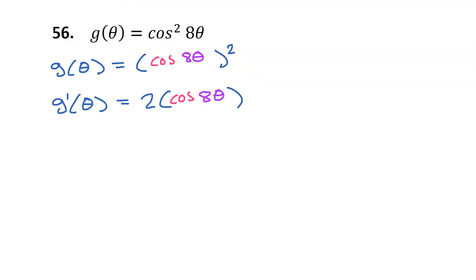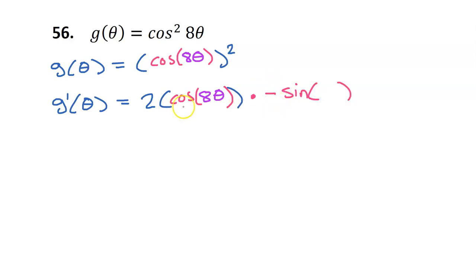But then we multiply by the derivative of what's on the inside. So the next layer in will be the cosine. Maybe I'll put some extra parentheses in here to make it clear what's inside of what. So it's time to take the derivative of cosine. But the derivative of cosine is negative sine.